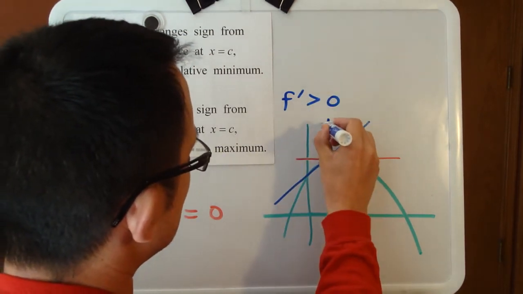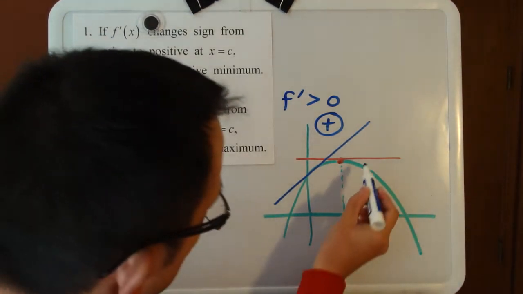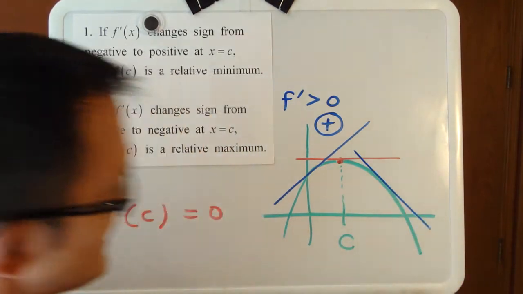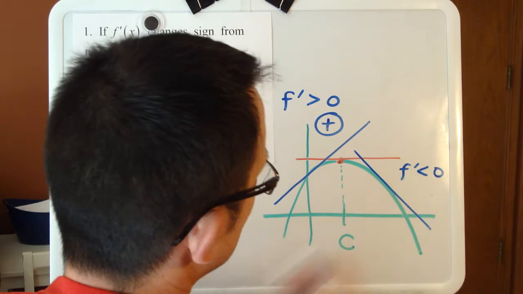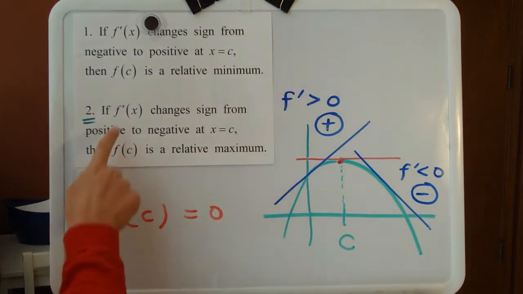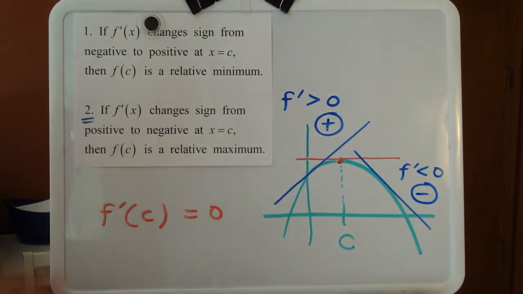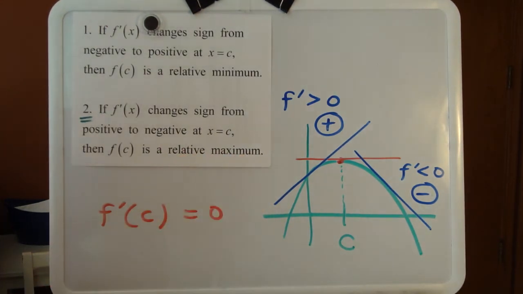And then as soon as you pass the critical number, the tangent line changes in its orientation, so the tangent line looks this way. Now f prime is less than 0, the slope is negative. If the sign changes from positive to negative, you can visibly see in the graph that we must have passed, in between the sign change, a high point to the function, a relative maximum, and that is something you can certainly see in the graphic.